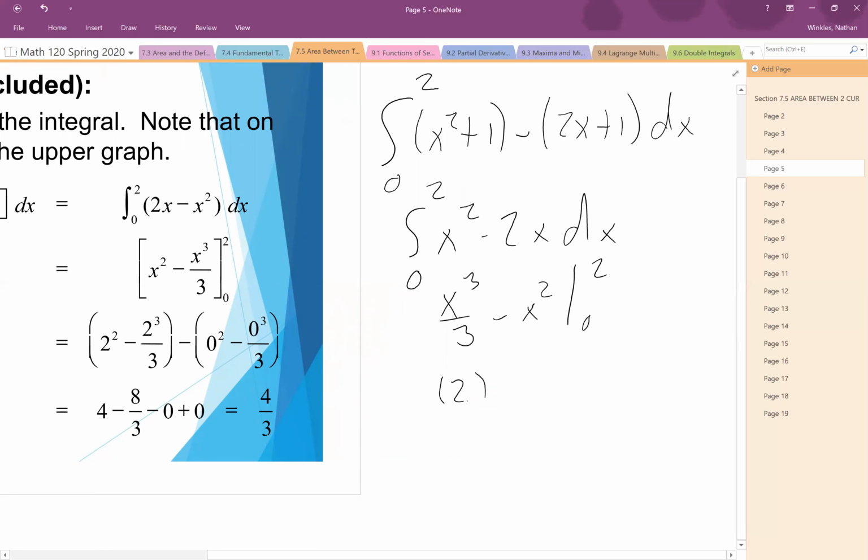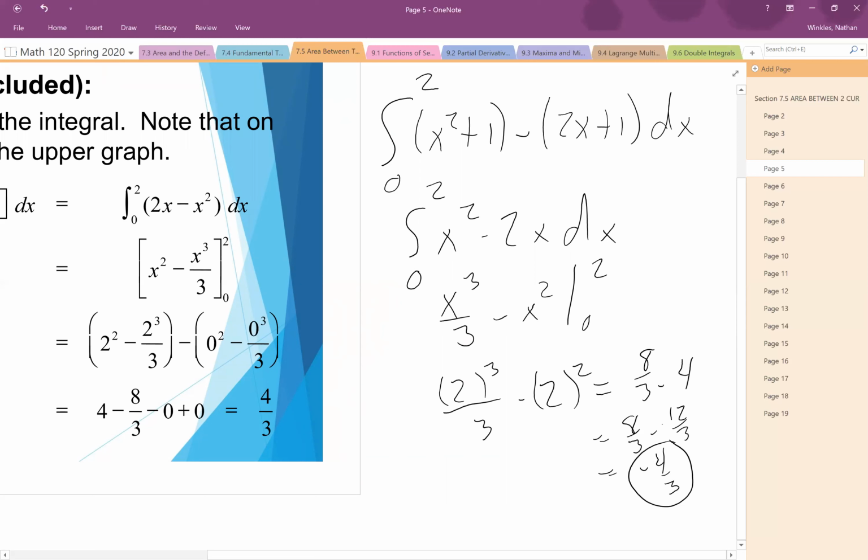So you would have gotten 2 cubed over 3 minus 2 squared, which is going to give us 8 over 3 minus 4. So 8 over 3 minus 12 over 3 gives us negative 4 thirds.